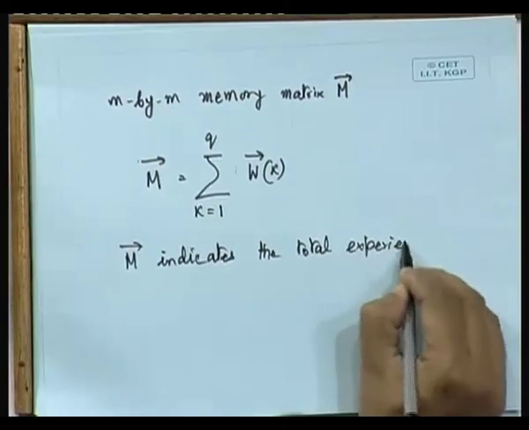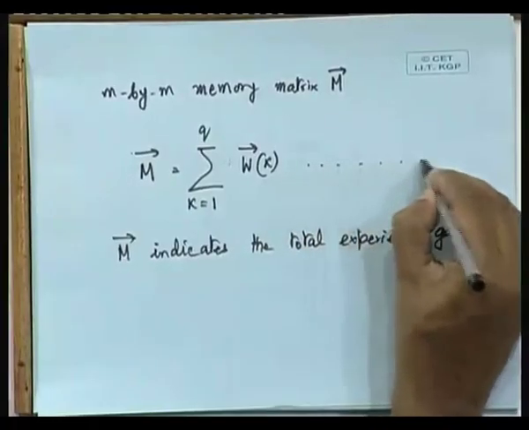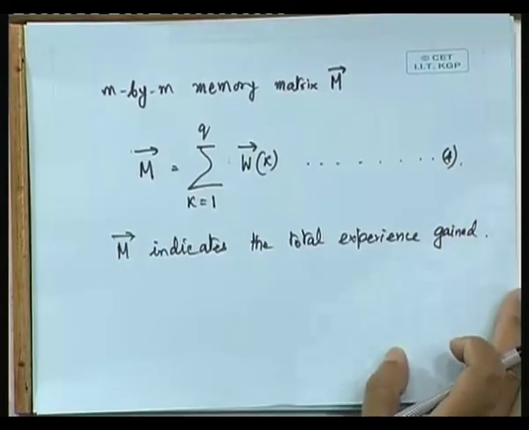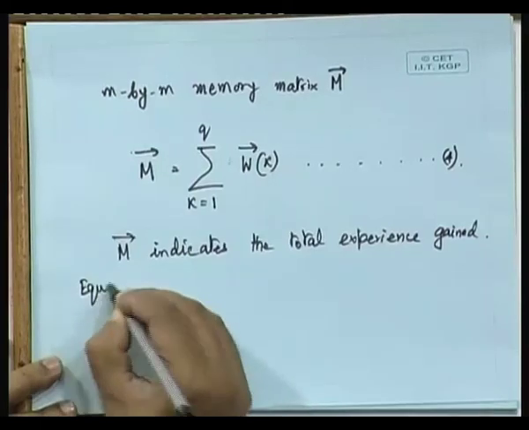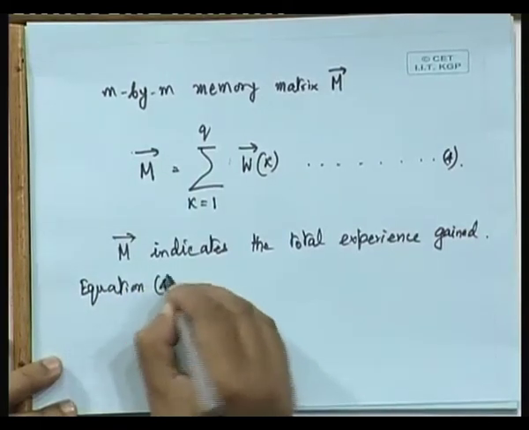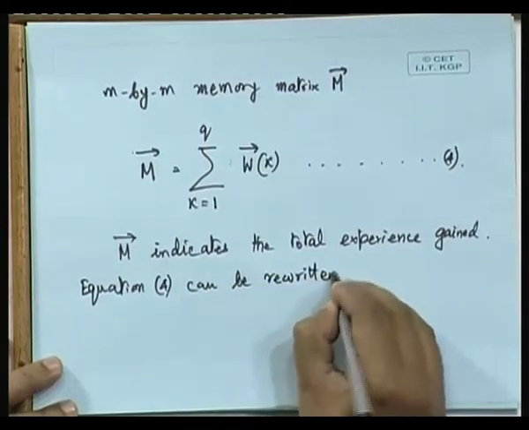Now how do we gain experience? We feed patterns one by one, formulate their weight matrix, and add that weight matrix to the existing M matrix. In fact, this equation, which we can now call equation number 4, can be rewritten in a recursive form.